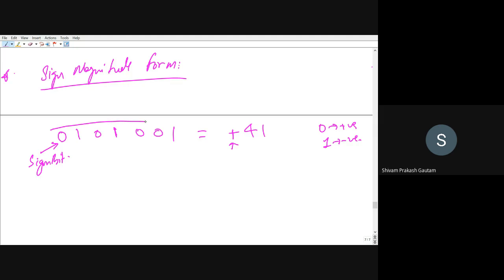So this whole binary number will be there, and it will be informed to you that this binary number is in sign magnitude form.